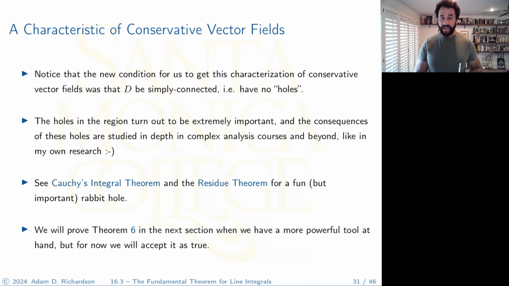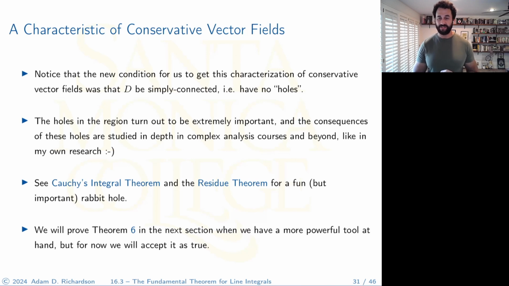All right, now here is the cool stuff. So these results are some of my favorite. Yeah, the new condition is really just that we need no holes in our region. And it turns out that these holes in these regions turn out to be extremely important. And the consequences are studied in depth in a complex analysis course and beyond, like in my own research.